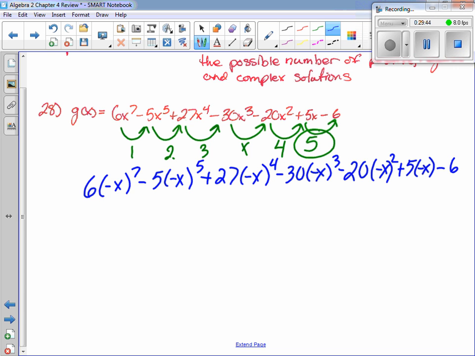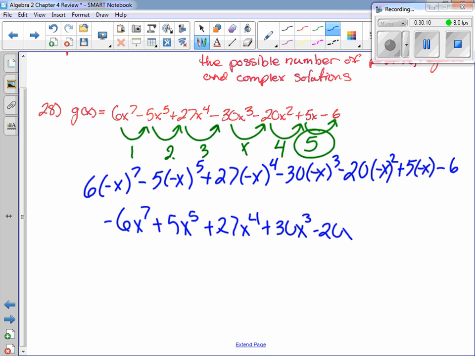So for the first one, we have the 7th power, so the sign would change because 7 is odd. 5 is odd, so the negative 5 would become positive 5. 4 is even, so the sign would not change. 3 is odd, so negative 30 would become positive 30. Squared is even, so the sign does not change. 5 times negative x is just going to be negative 5x minus 6. Because x is to the first power, it is odd.